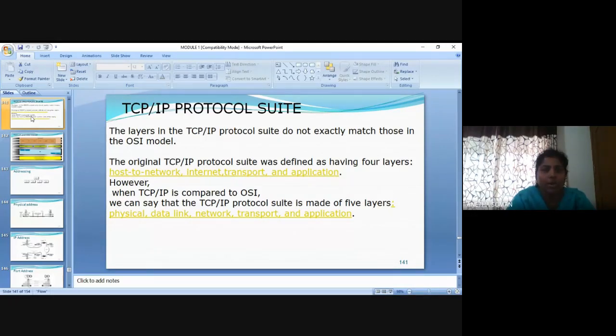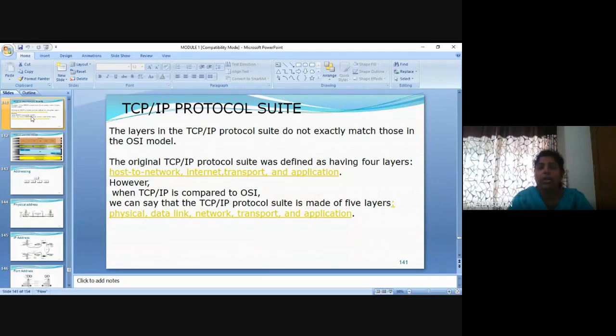Now when you compare this TCP/IP with OSI, the host to network layer is similar to the physical and the data link layer of the OSI model. The internet layer corresponds to the network layer of the OSI model. The transport layer is as it is, and the application layer includes the presentation, session, and the application layer of the OSI model.